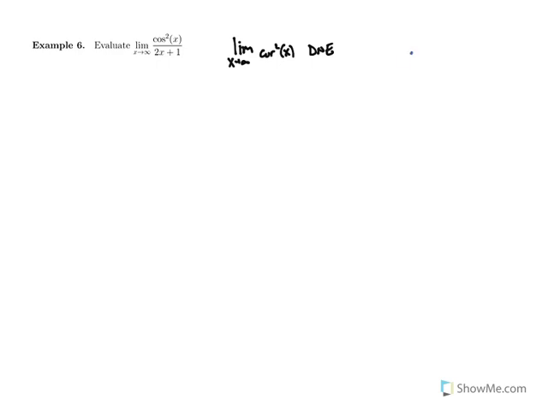But we do know that cosine of x is at most 1 and at least negative 1, which means that cosine squared of x is at most 1 and at least 0. And that's what we're going to use as our inequality here.